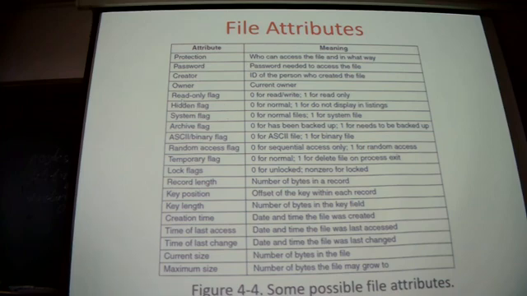If the read-only flag is 0, the file can be read or written. On the contrary, if the value is 1, we can only read this file. It is only 1 bit.